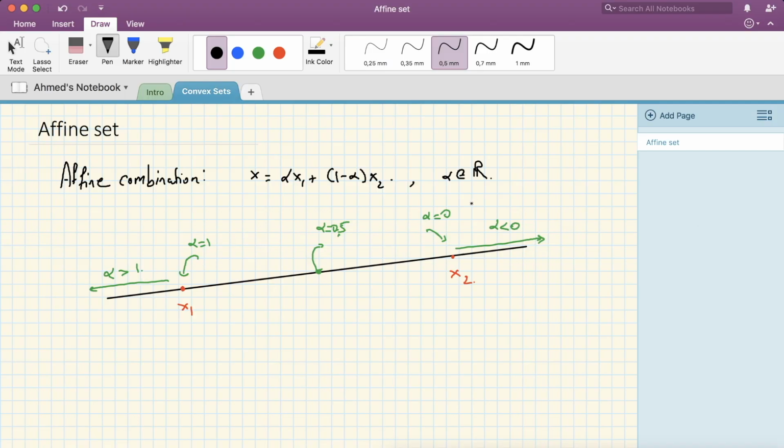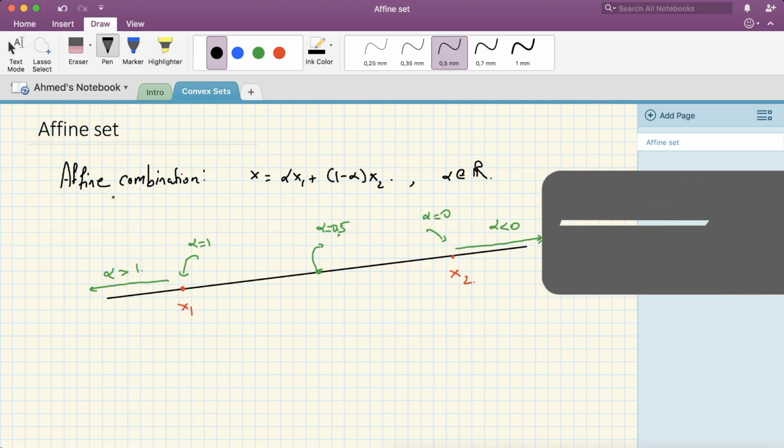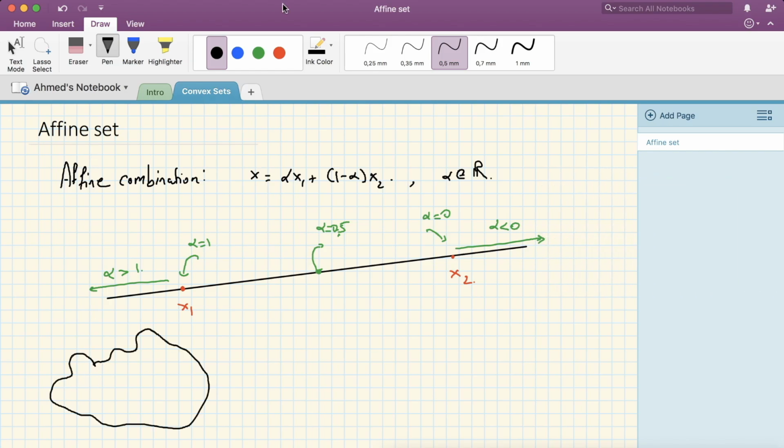Now, what is an affine set? Now that we know what an affine combination is, we can define what an affine set is. An affine set is a set such that if you grab any 2 points, any affine combination of x1, x2 falls within this set.